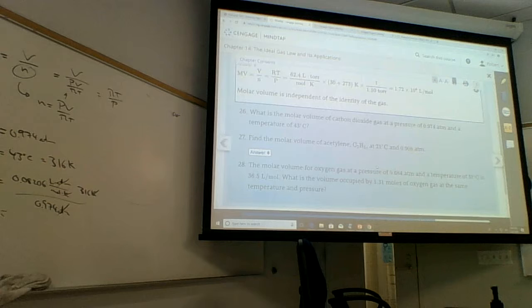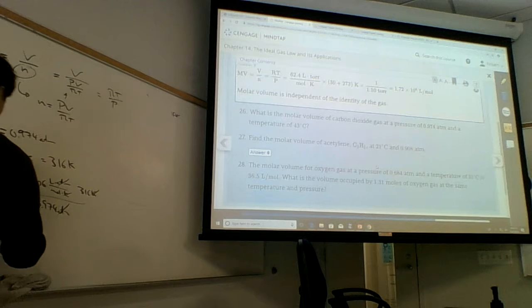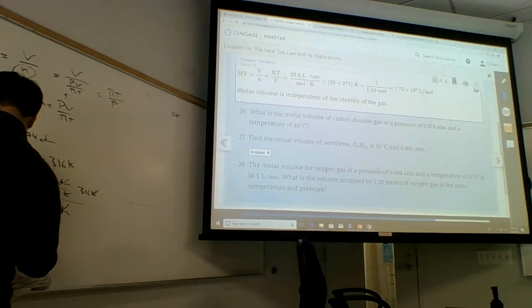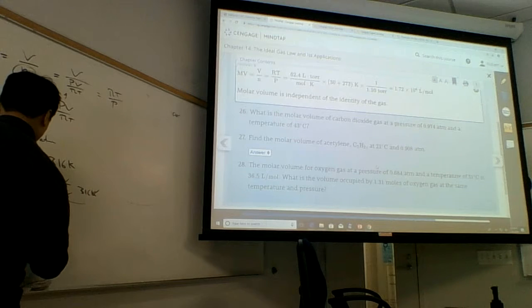So let's figure out what it is. 0.08206 times 316 divided by 0.974. We get 26.6, or 26.62 liters per mole.